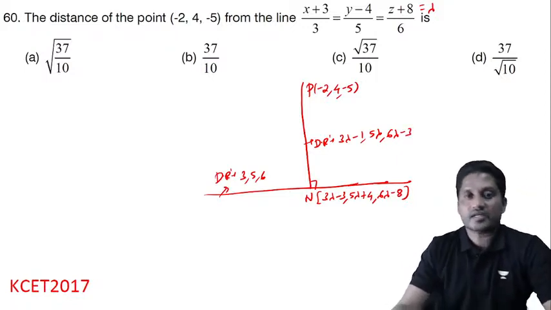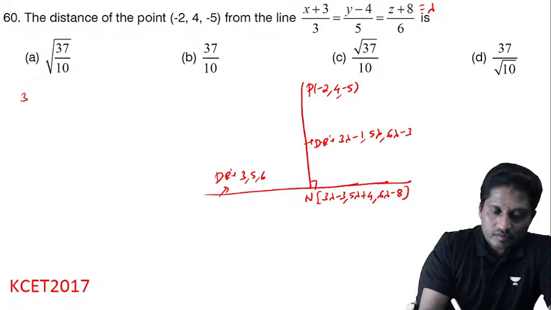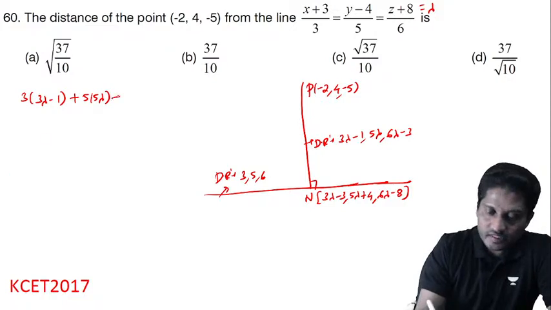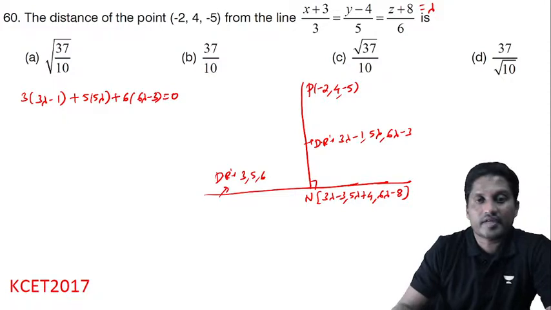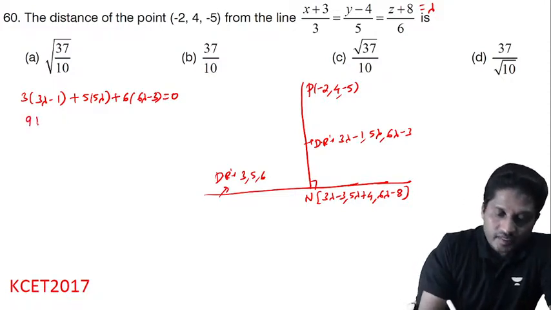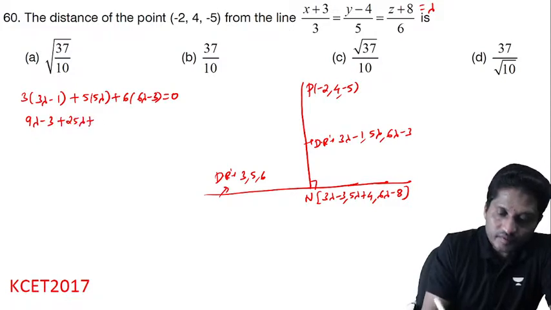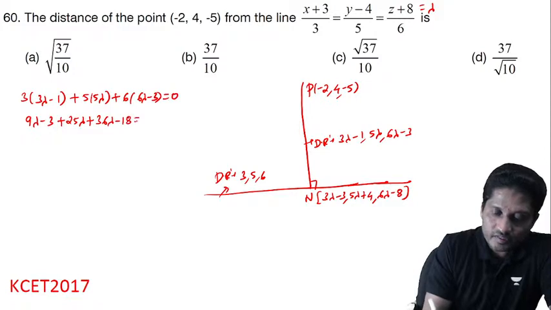If I multiply the DRs now, we'll get 3 into 3 lambda minus 1, and then 5 into 5 lambda, then 6 into 6 lambda minus 3 is equal to 0. From this, I'll get the value of lambda. 9 lambda minus 3 plus 25 lambda plus 36 lambda minus 18 equal to 0.